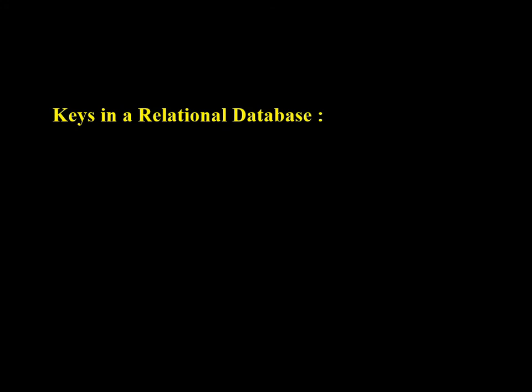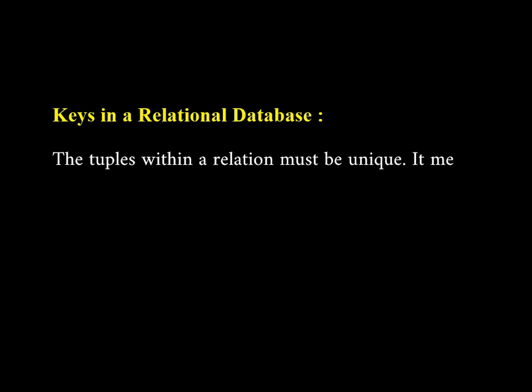The tuples within a relation must be unique. In a relational database, the record must be unique. It means no two tuples in a relation should have the same value for all attributes. Once again I repeat, the tuples within a relation must be unique.